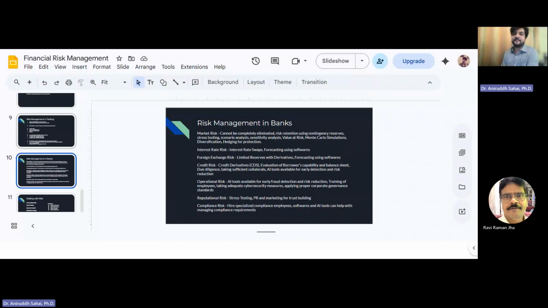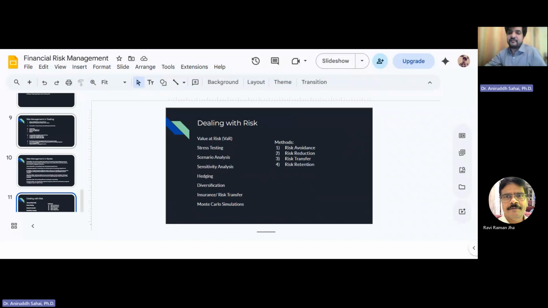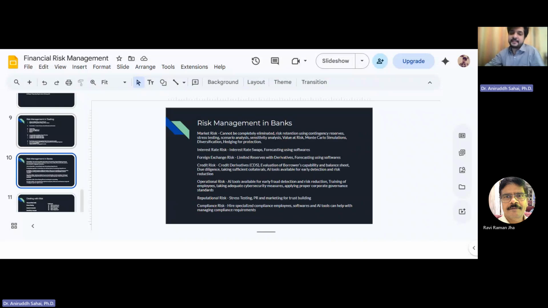We started out with the discussion on risk management in the banking sector, where we looked at the sources of different risk, the types of different risks that the banks are facing, and then we went on to discuss the various methods which can be used for reducing the risk. And finally, we integrated both the things to look at risk management in case of banks.